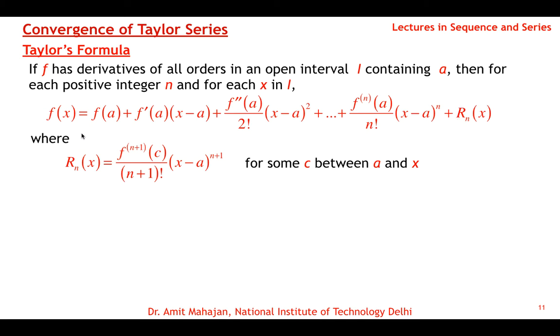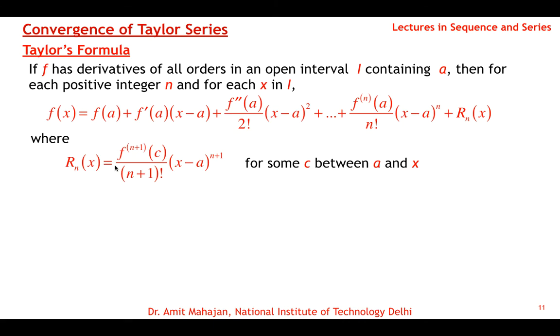The remainder is given by the next term: the n plus first derivative over n plus 1 factorial times x minus a power n plus 1, where the derivative is calculated at a point c, where c is some point between a and x.